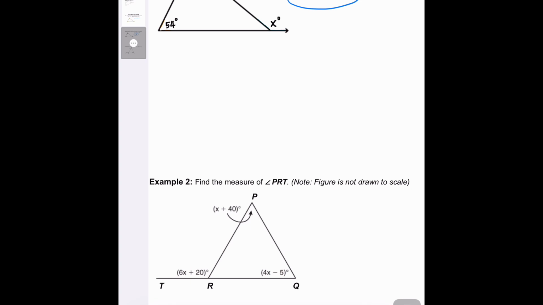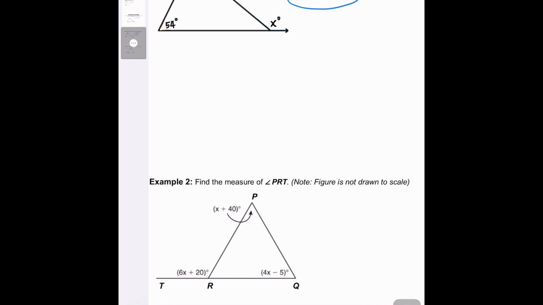However, comparing this example with the previous one, all the angles here are represented by algebraic expressions. So what we need to do is to find the value of x first.